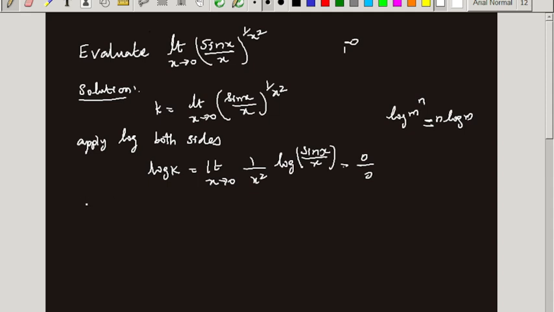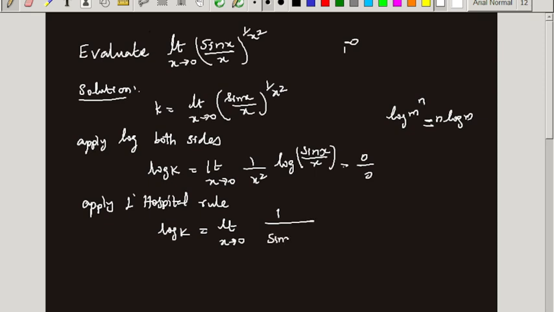So now we apply L'Hospital rule. So log k equal to limit x tends to 0. Here numerator we have log of sin x by x. So if we differentiate we get 1 dividing by sin x dividing by x.